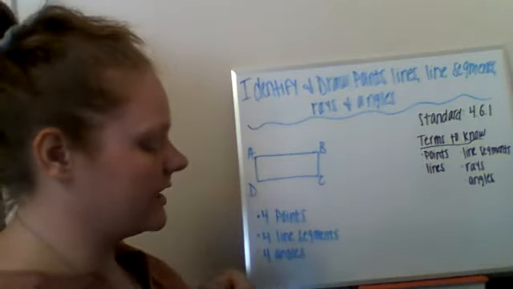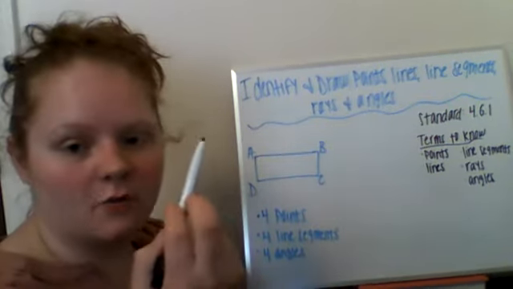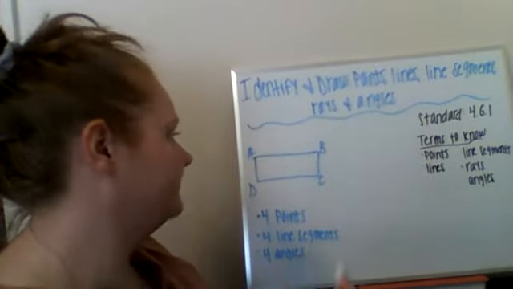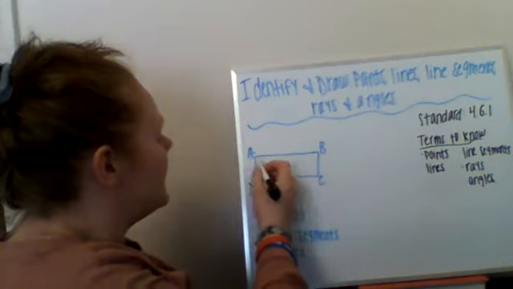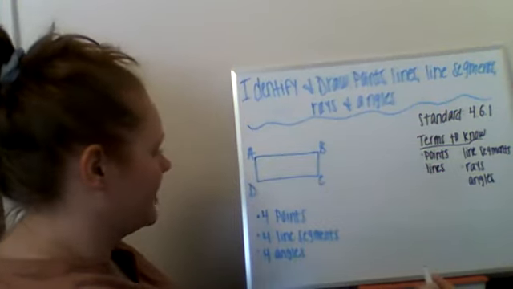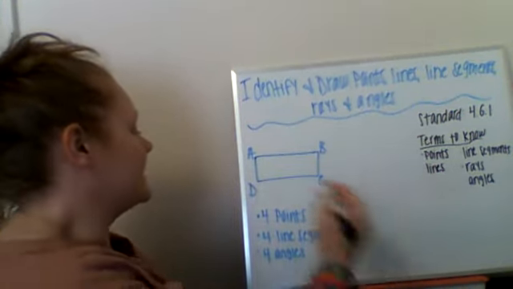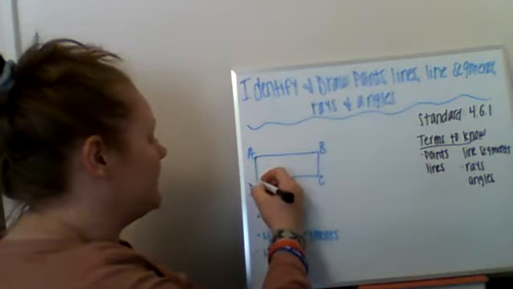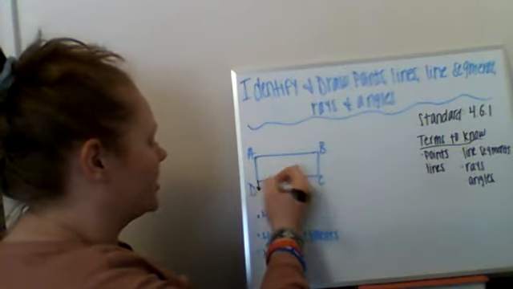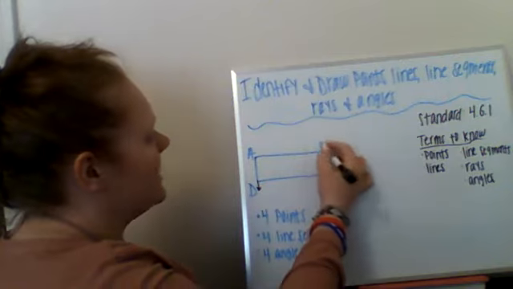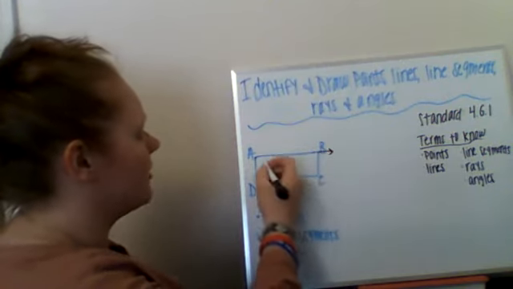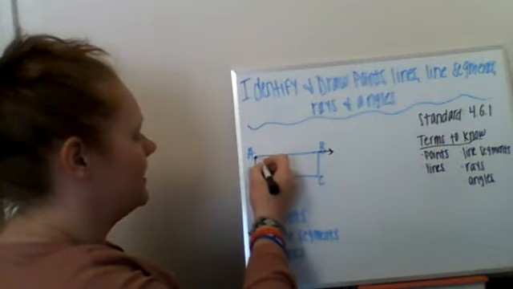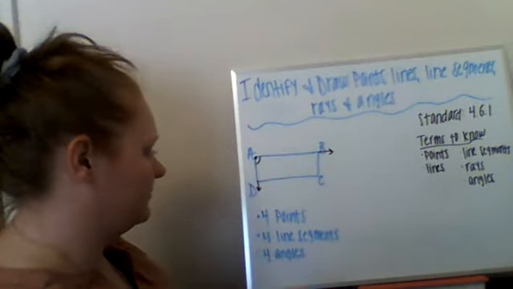So if I look right here, I'm going to use a different color marker so you can understand what I see. If I look at line segment AD and AB, all right? So if I extend the line segment AD in one direction, and I extend the line segment AB in one direction, both of those rays share the endpoint A, and they make an angle.